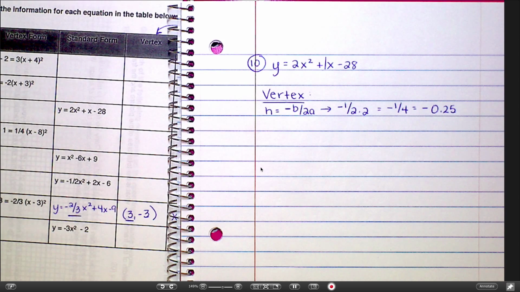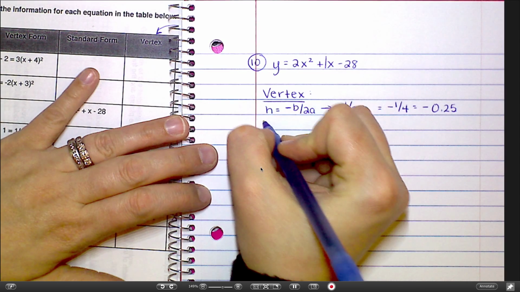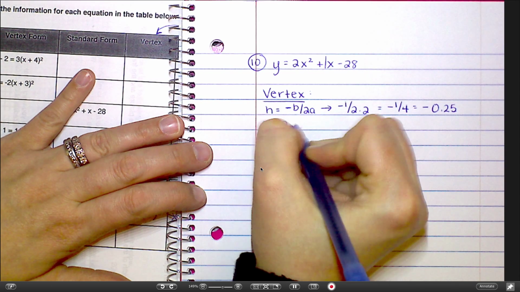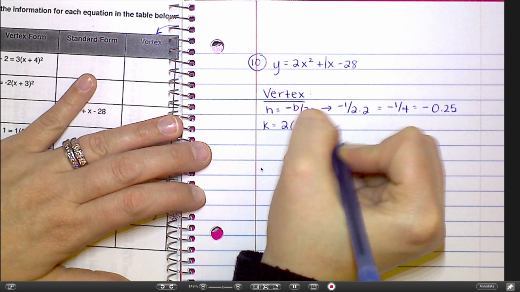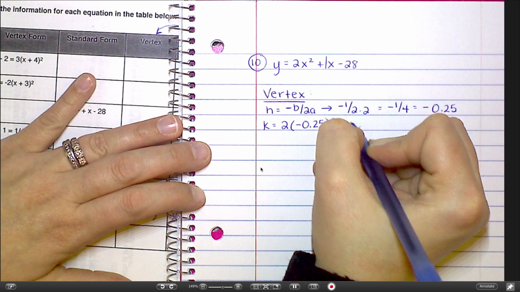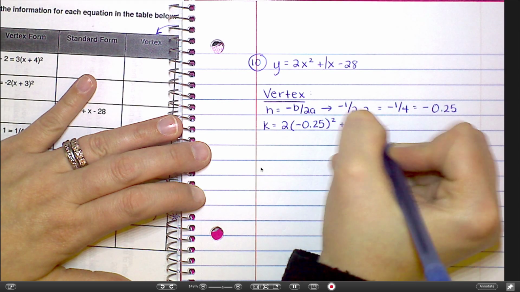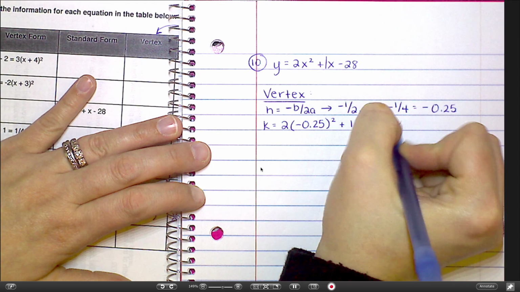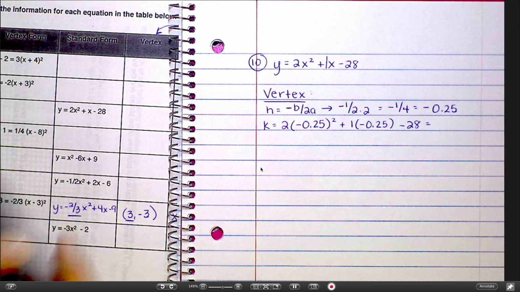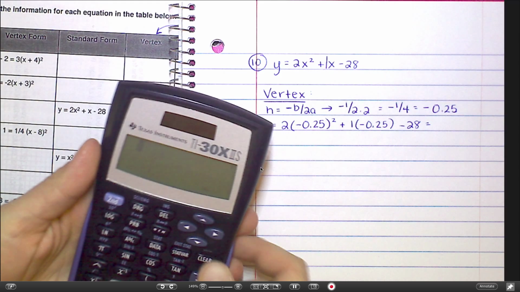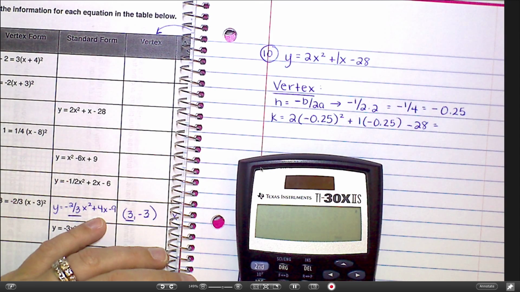Okay. How do I find k? Plug it in for x. So k equals 2 times negative 0.25 squared, plus 1 times negative 0.25, minus 28.